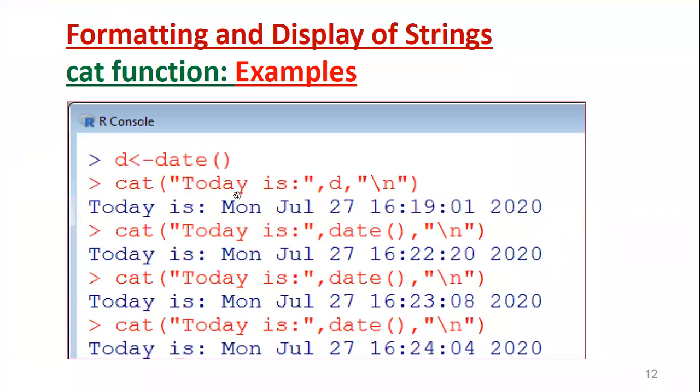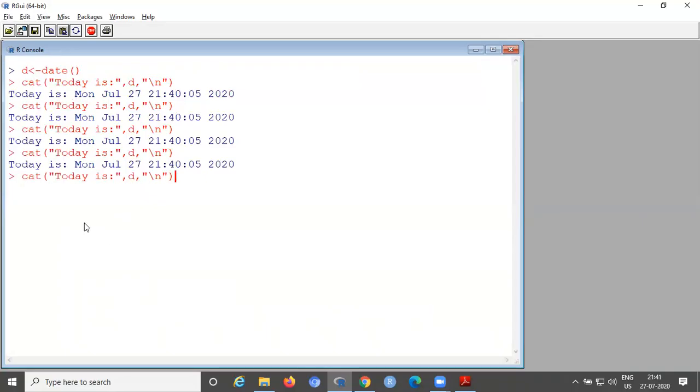Then some more examples. Instead of using d directly, you can call date itself. The function itself you can call instead of d. Simply use the date function. Now see, it is changed. The time is now 9:42.